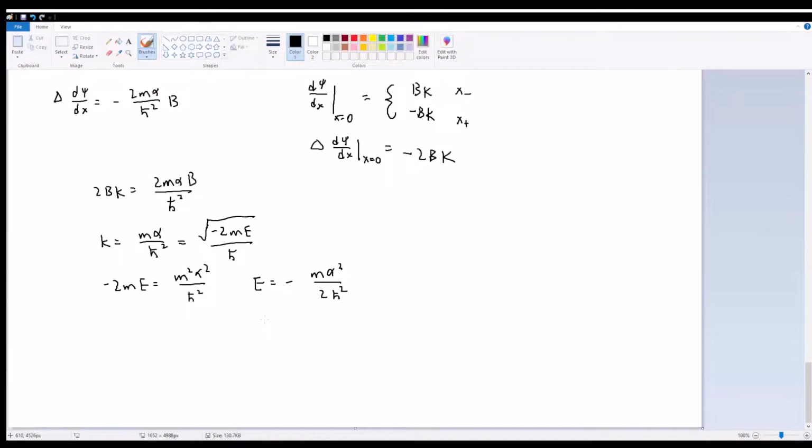And now we finally can normalize b, and then we'll have the full general wave function. So we have the integral from negative infinity to positive infinity of magnitude psi squared dx, and this is going to equal, because we have what psi of x equals, 2 magnitude b squared times the integral from 0 to infinity of e to the negative 2kx dx.